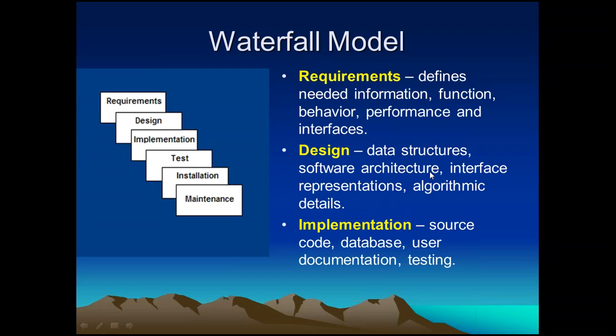We try to get to know the functional behavior and performance, and we get an idea of what interfaces are available in the model. And then once the requirements have been finalized, this particular phase will be frozen.